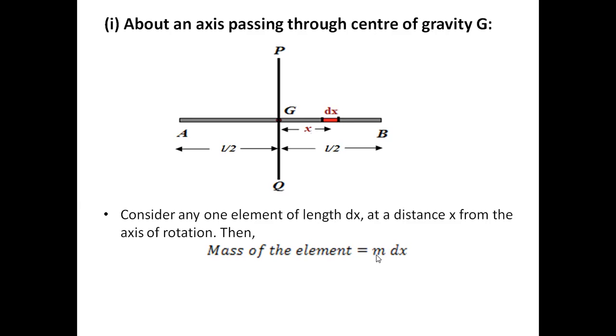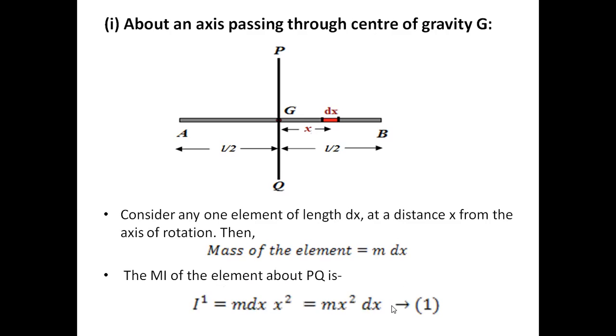Per unit length of the rod the mass is small m, but here the element has a length dx, hence its mass is m into dx. Then the moment of inertia of this element about the axis PQ is I dash equals mass into distance squared, that is, m dx into x squared, or m x squared dx. Take this as equation number 1.